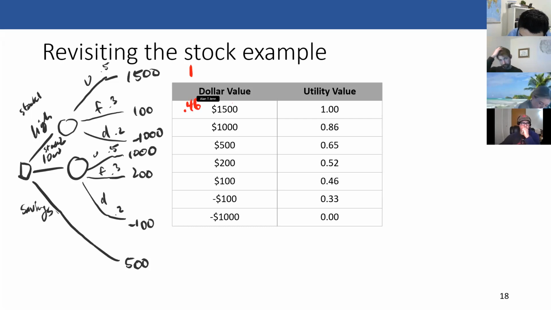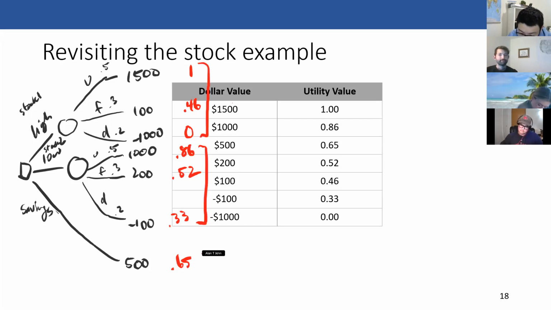For negative 1,000, it's 0. For 1,000, it's 0.86. For 200, it's 0.52. For negative 100, it's 0.33. And for savings, it's 0.65. Okay, so you've got these guys like this.